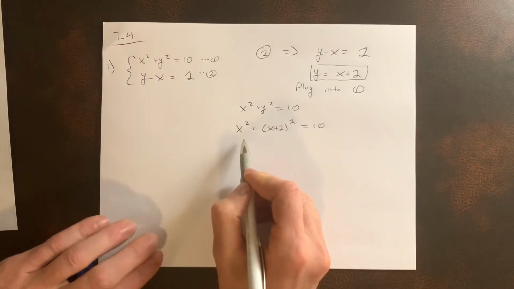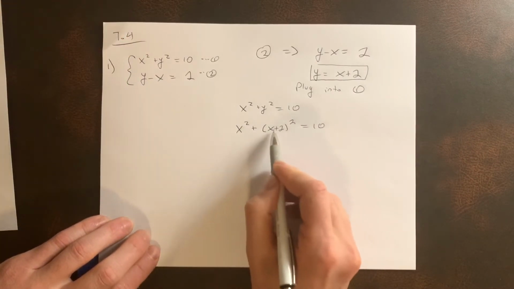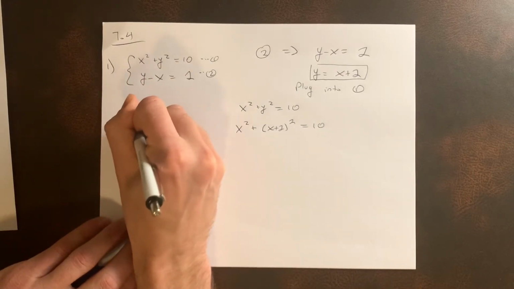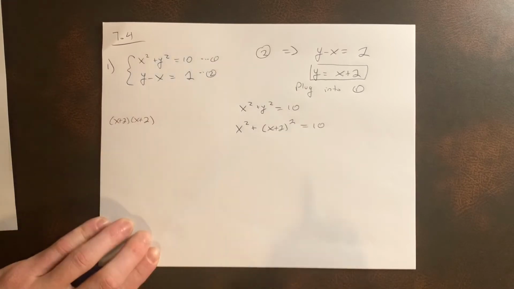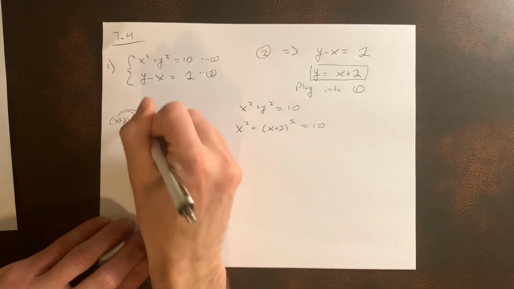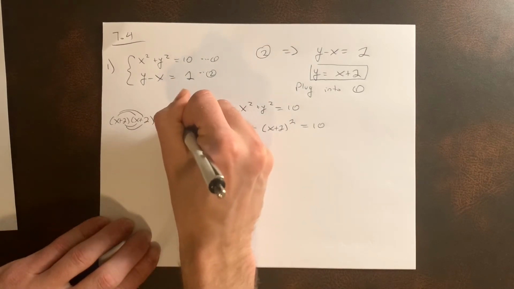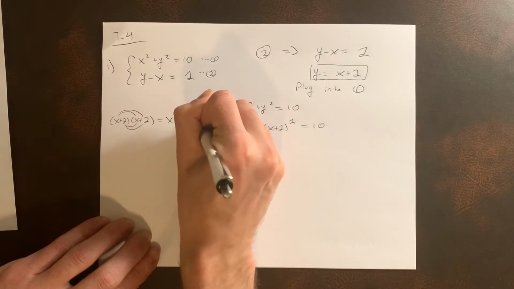Now, just off to the side, let's figure this out. This is x plus 2 squared. If we FOIL this out, just like we have been doing, we end up getting x squared plus 4x plus 4.